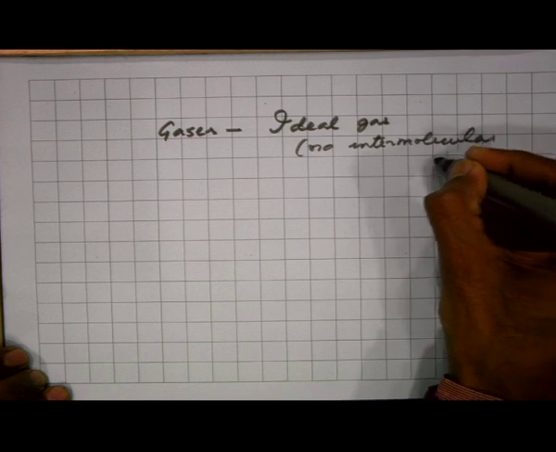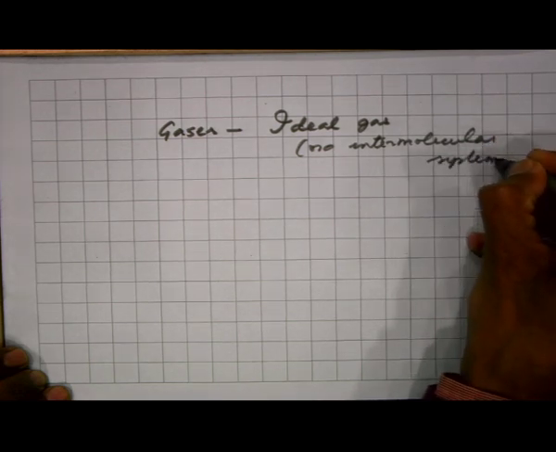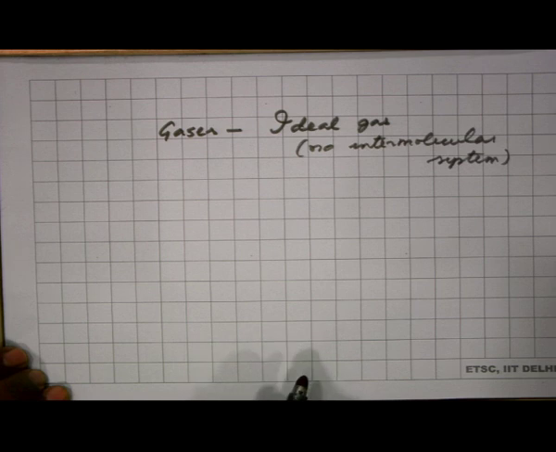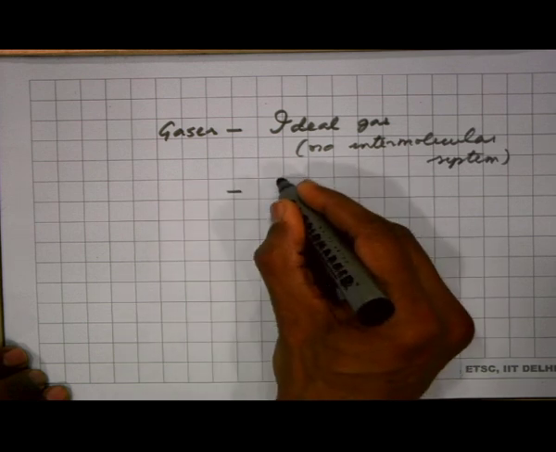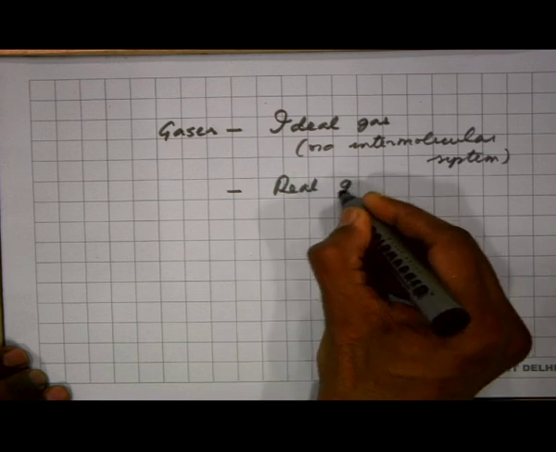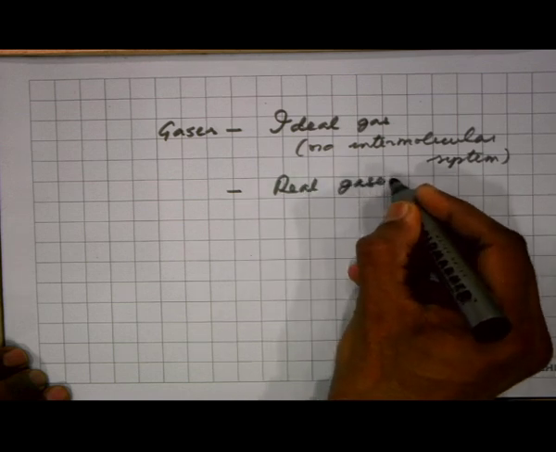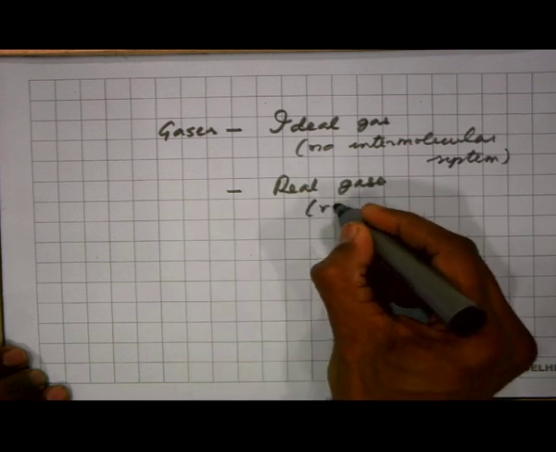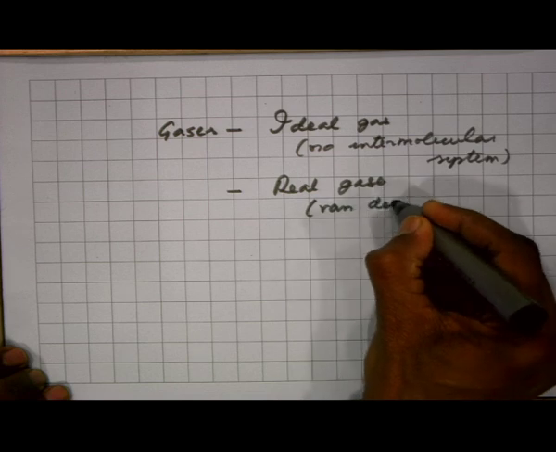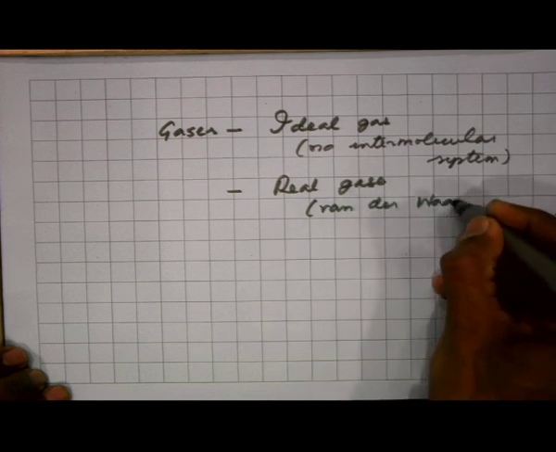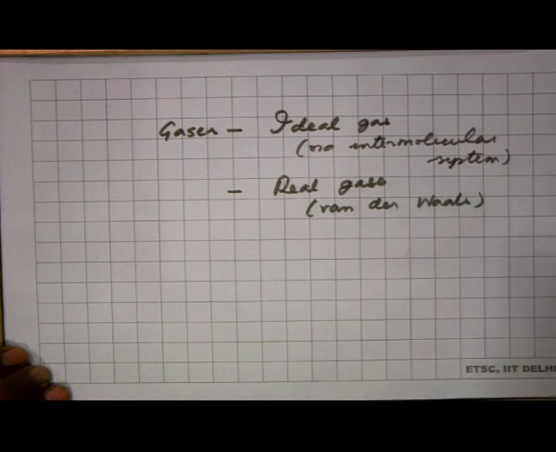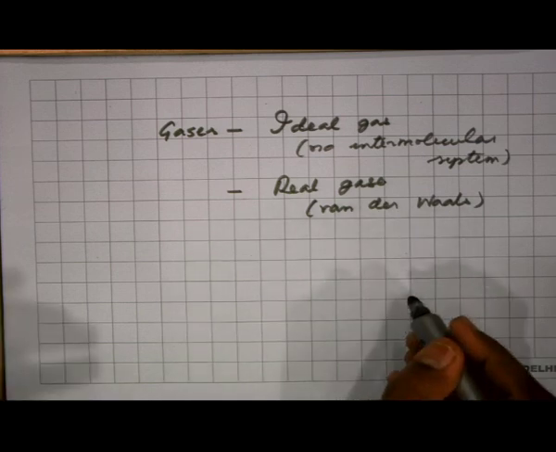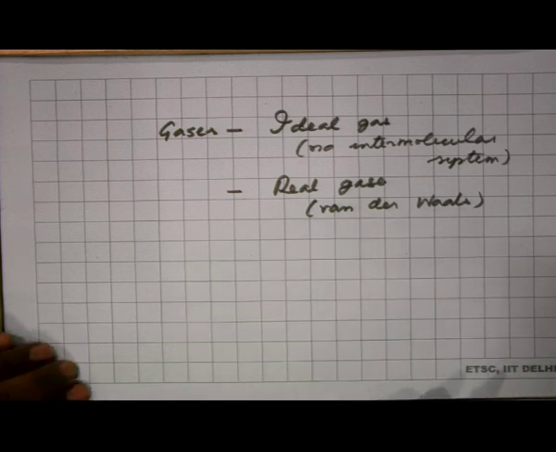This is an ideal system, as the name implies, and then we will later look at real gases. And in real gases, we will introduce the van der Waals model for a real gas. So, that is what will occupy us in the next 1 or 2 classes.